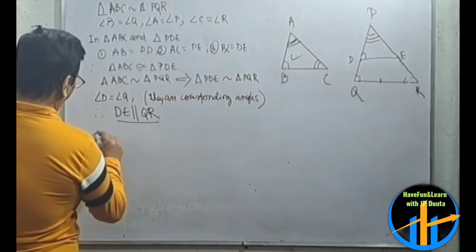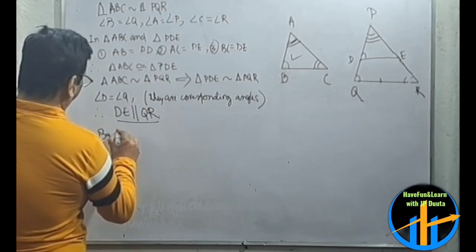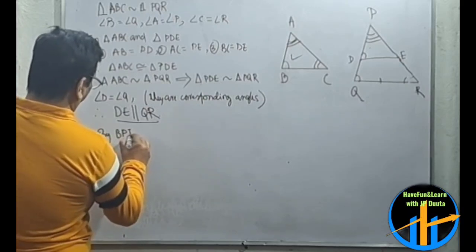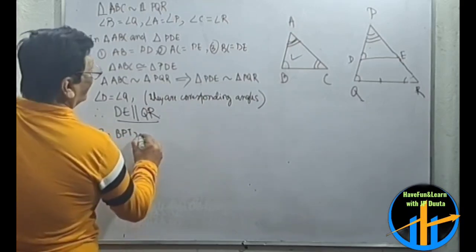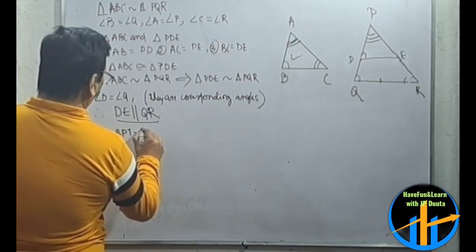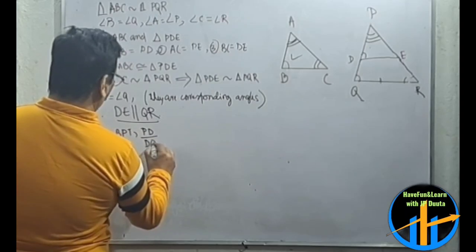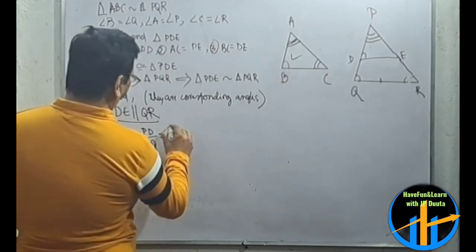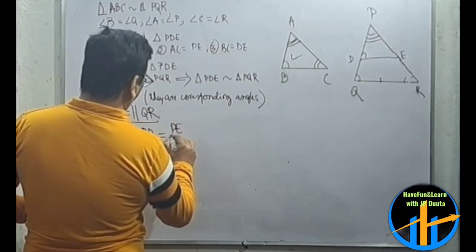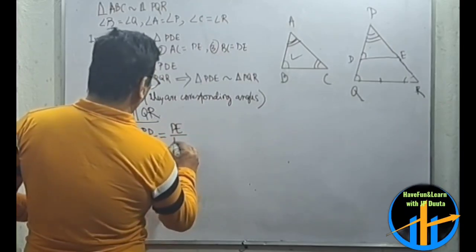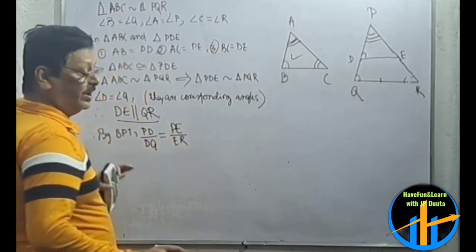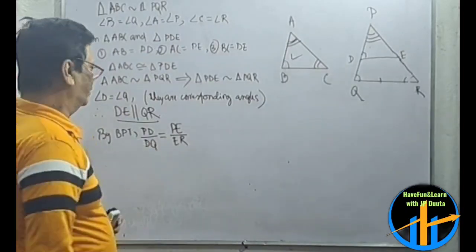So, by BPT, PD by DQ is equal to PE by ER. Now this BPT is also known as Thales theorem.